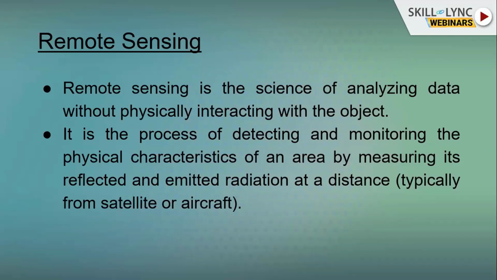Remote location means what? A location that is far away from our reach, or not connected with the area that we are associated with, so that area is called a remote area. From that terminology, the word remote has come into the picture.